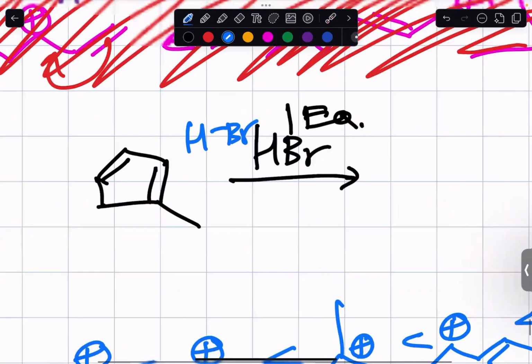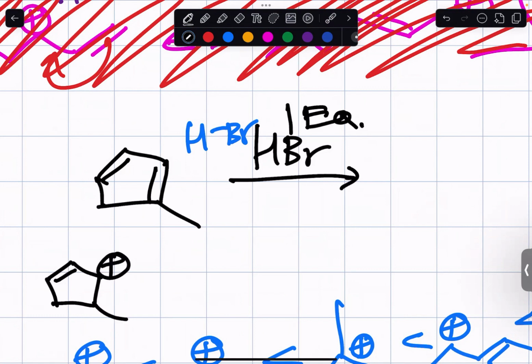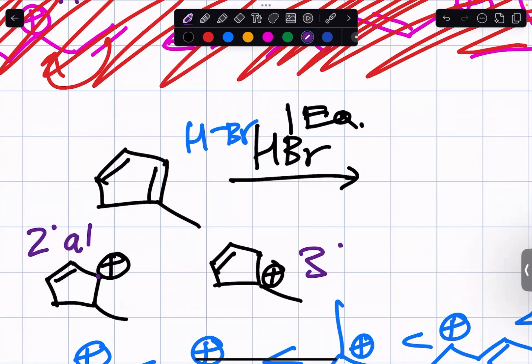Like if I were to draw out the carbocation here in A, that is secondary, versus if I drew out the carbocation here, that is tertiary. But this carbocation here is secondary, allylic. And this allylic thing allows for resonance, which increases the stability.